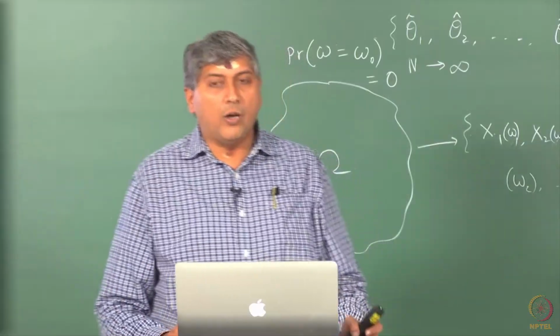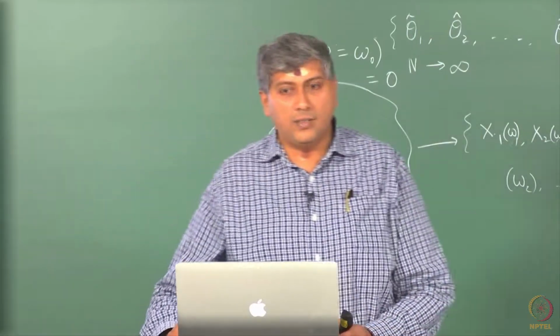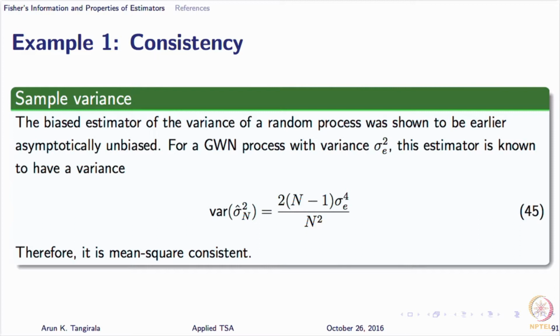You can show that for a Gaussian white noise process with variance sigma square e, this biased estimator has the variance given in the expression on the screen, 2 times n minus 1 times sigma power 4 by n square. It is obviously mean square consistent, because as n goes to infinity, this mean square error, although I say here variance, I am sorry, one has to be careful.